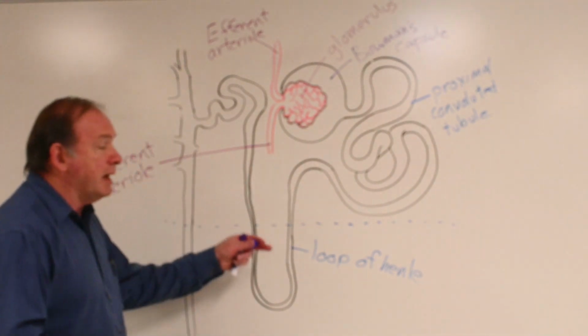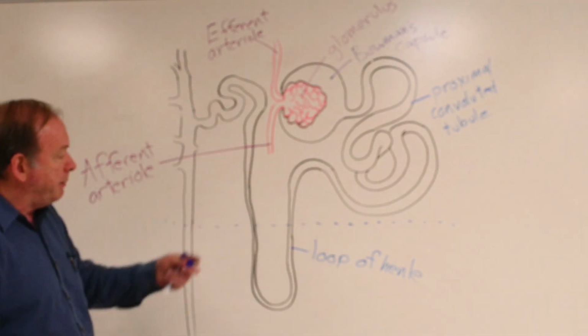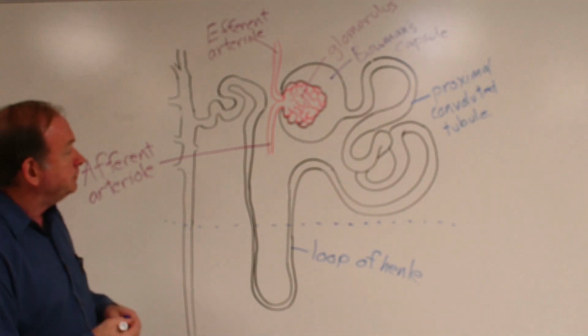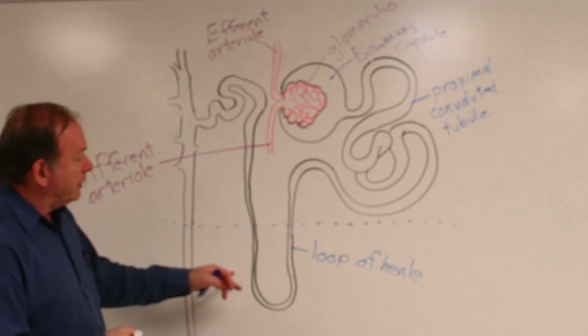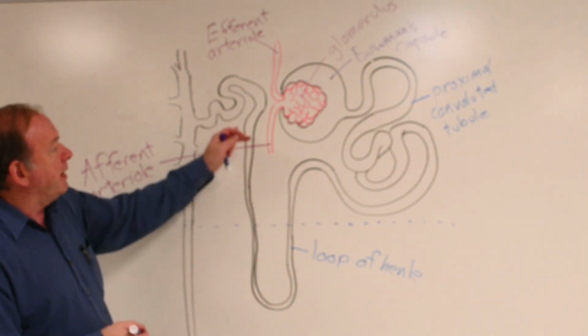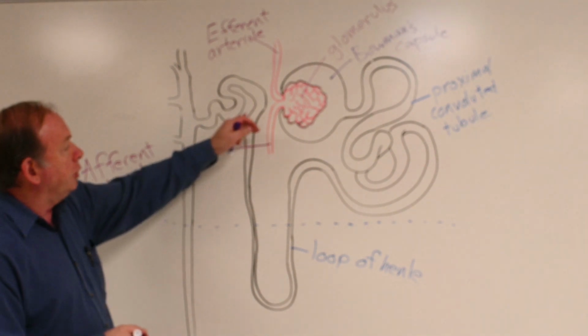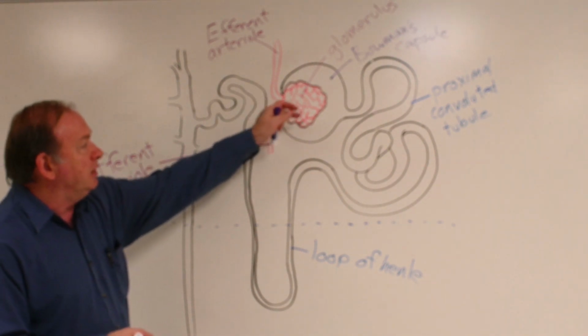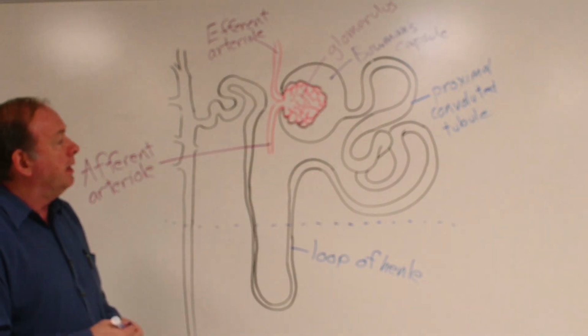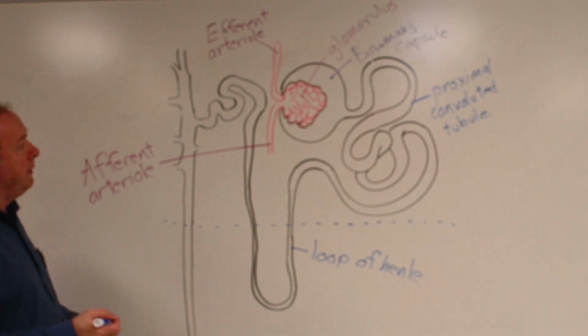The loop of Henle goes down into the medulla region and then back up again into the cortex. After it comes up into the cortex, a part of that nephron tubule then comes up right adjacent to the connection of the glomerulus there.